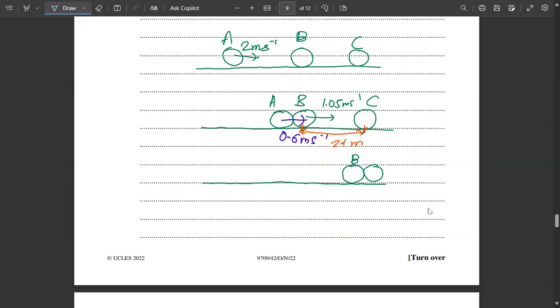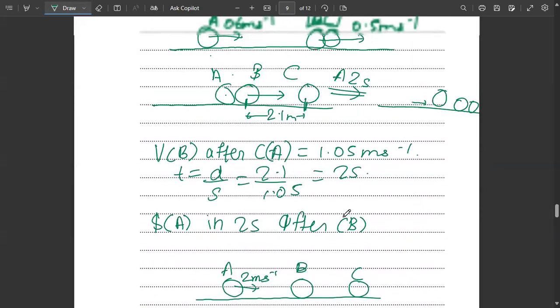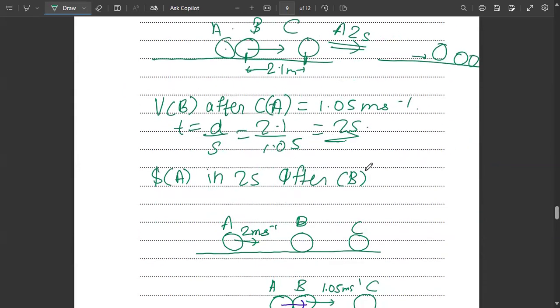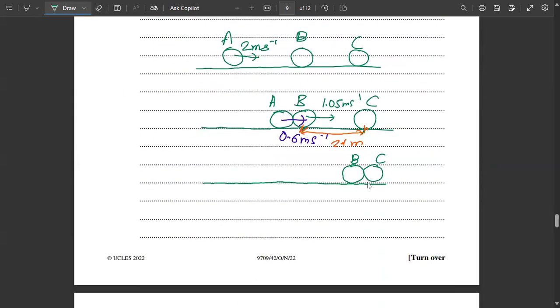And after how much time? After 2 seconds, because we already calculated that it will take 2 seconds for B and C to collide right here. But A will not stay here, because it has a velocity, so A has to go somewhere ahead. A can be somewhere here, here, here. Where exactly, we do not know, because we'll have to find out.